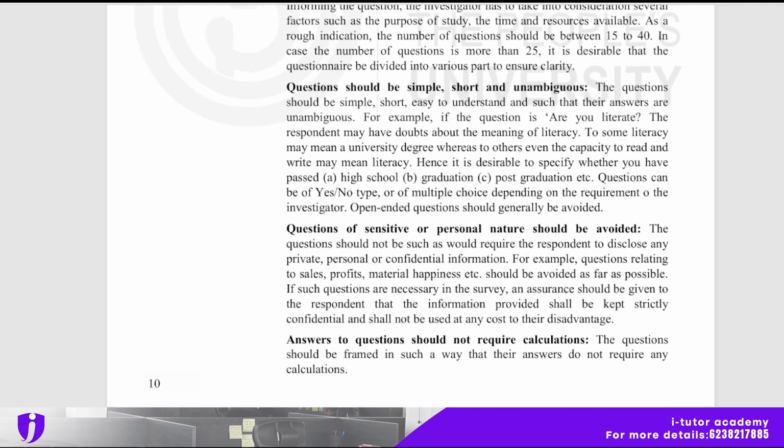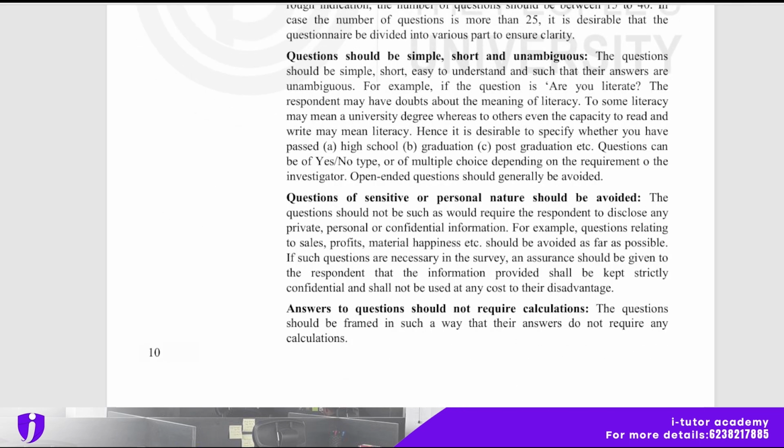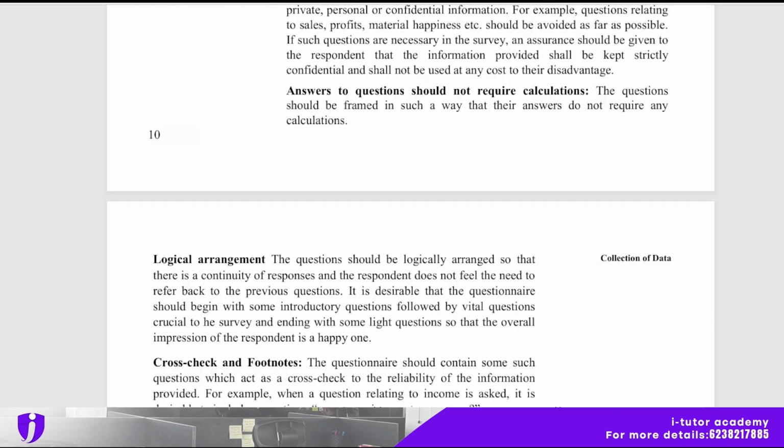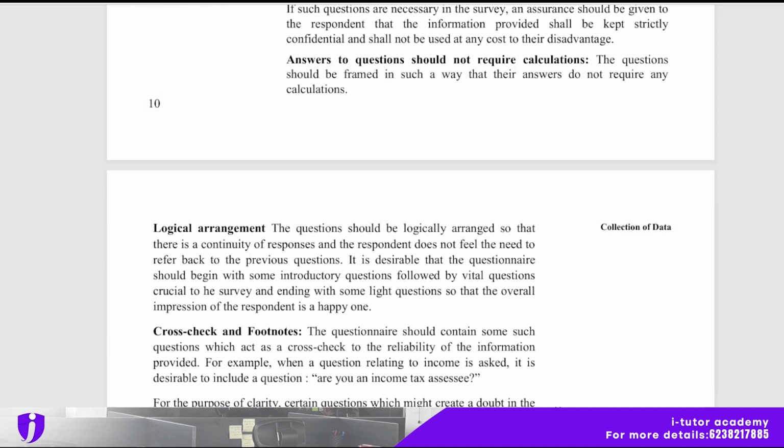Questions of sensitive or personal nature should be avoided. The questions should not be such as would require the respondent to disclose any private, personal or confidential information. Answers to questions should not require calculations. The questions should be framed in such a way that their answers do not require any calculation.